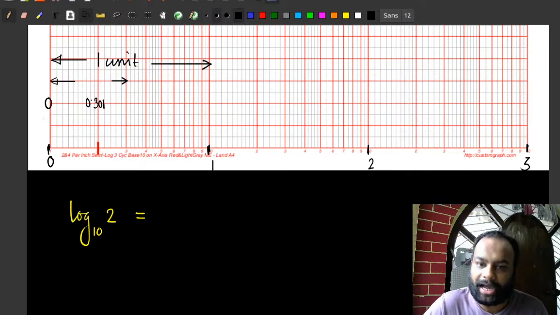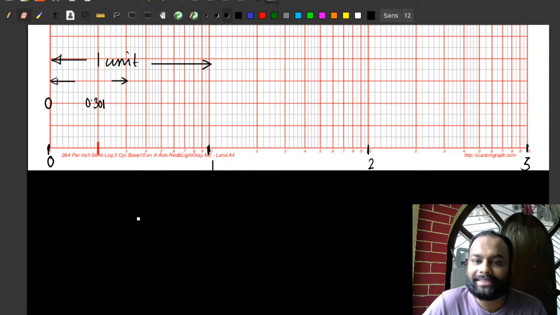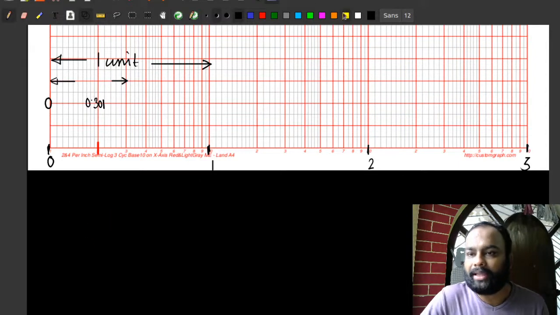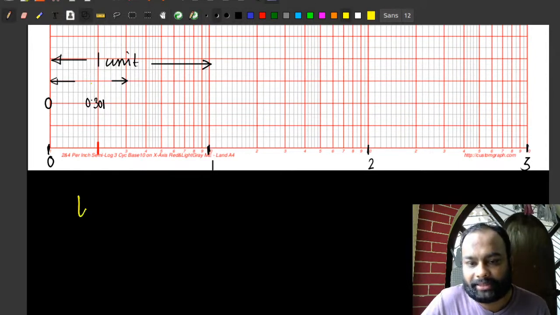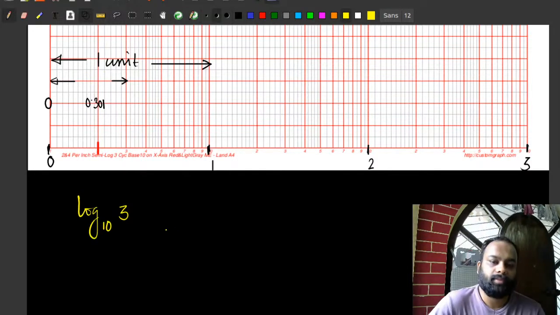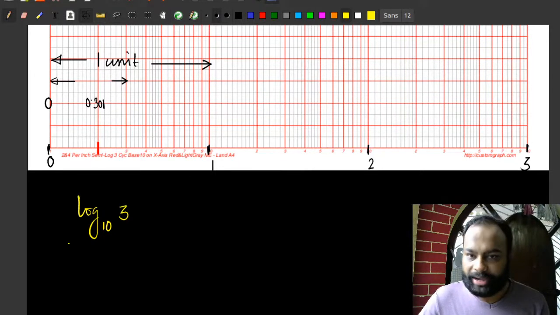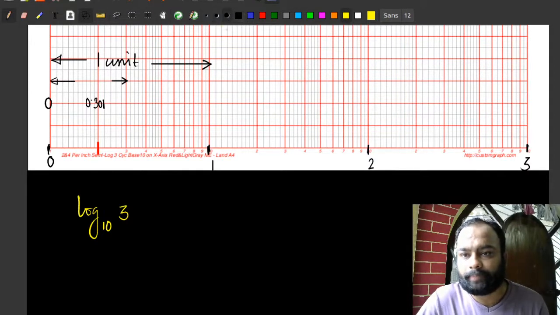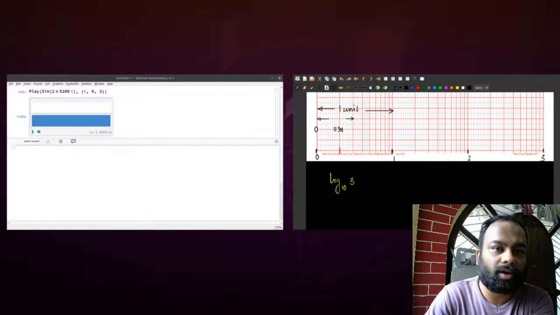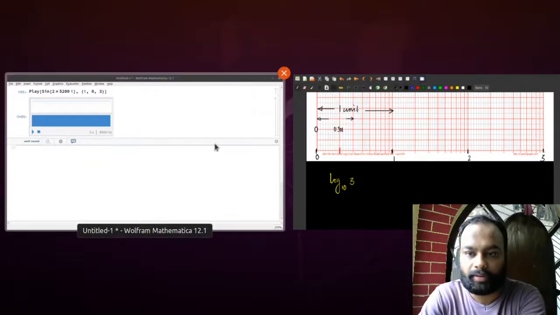And as it turns out, this scale is designed in such a particular way that this length is nothing but log 3 to the base 10. My question is, how much is this length then? Someone tell me. That's that logarithm, right? Let me take the calculator.